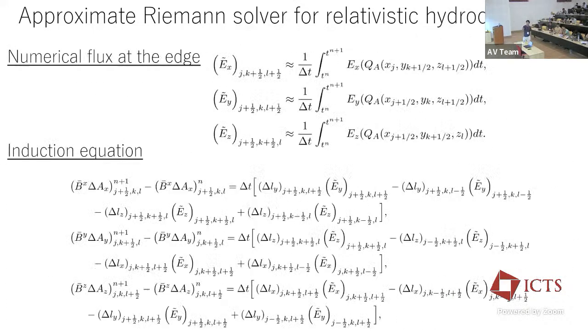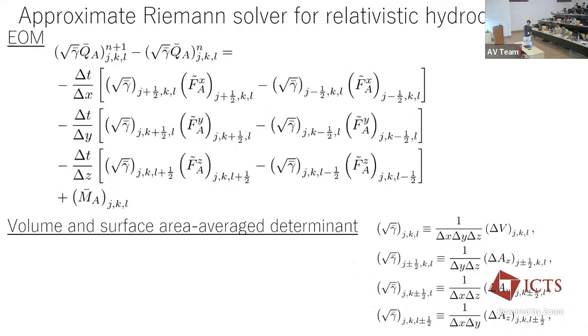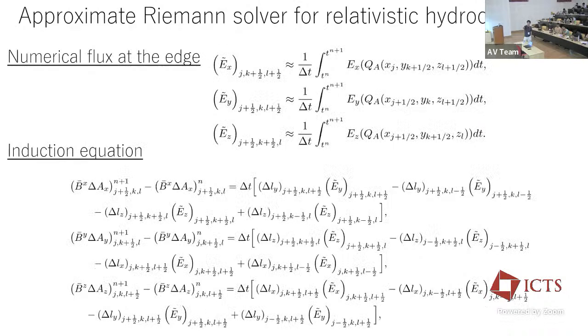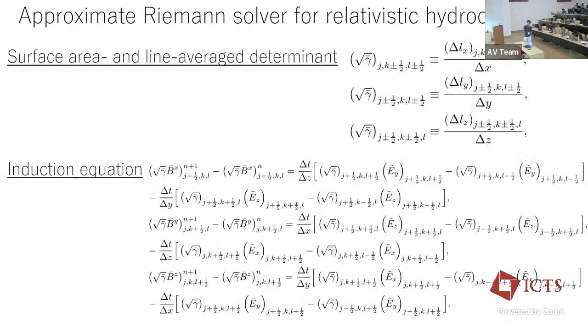Now we have a discretized form for the conserved quantities at the cell center, and also the magnetic field evolution at the cell surface, which satisfies the divergence-free condition.